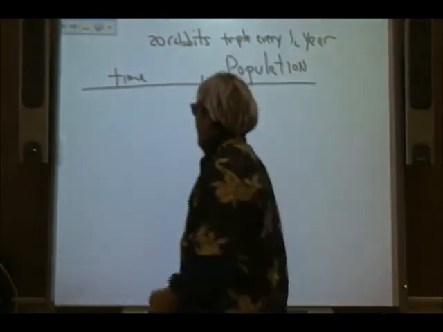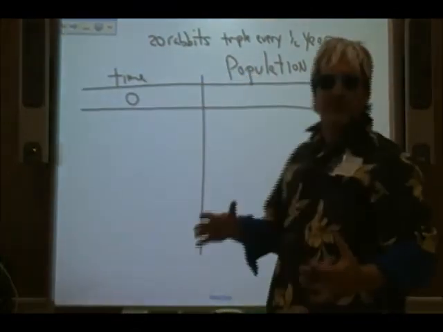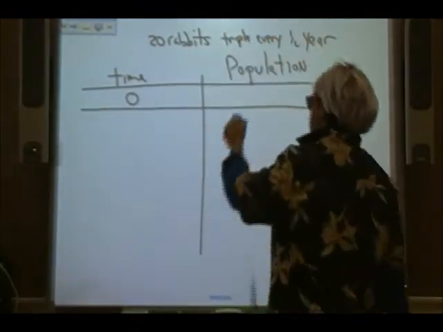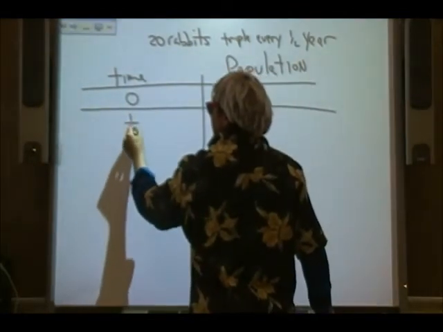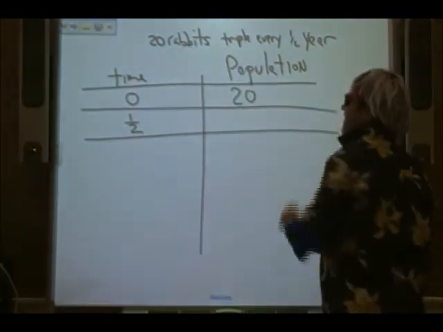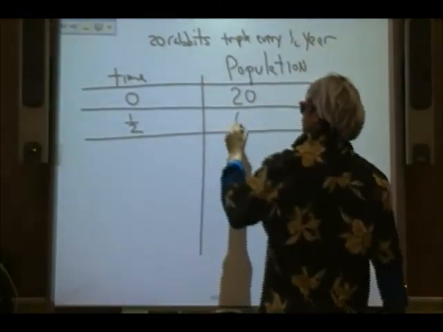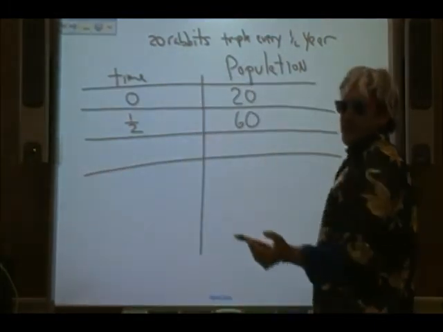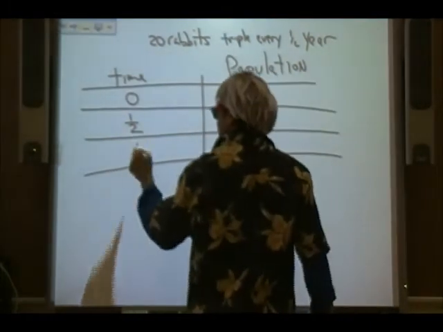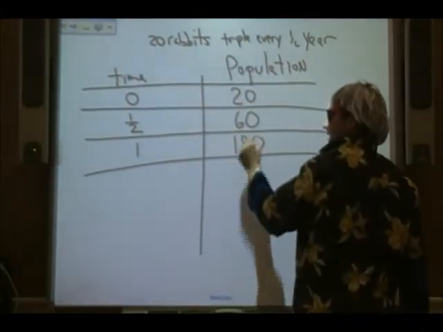So when you start off at 0 with the time, you're first starting with just 20 rabbits. Then, in time of half a year, this is tripled. So it becomes 60 rabbits. Then in another full year, this is tripled again. It becomes 180 rabbits.